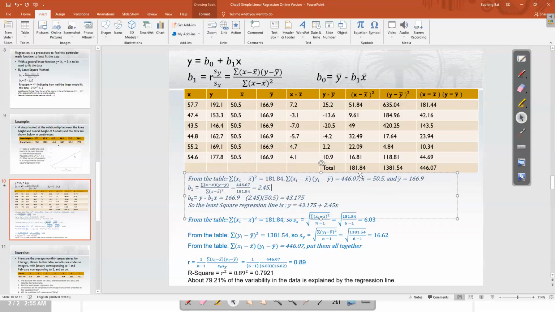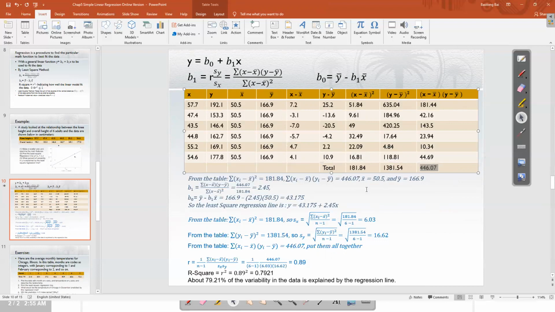You need to look at the last 3 column totals. This one is xi minus x bar squared, and the sum of xi minus x bar squared is 181.84. Then the sum of xi minus x bar times y minus y bar will be this column total.